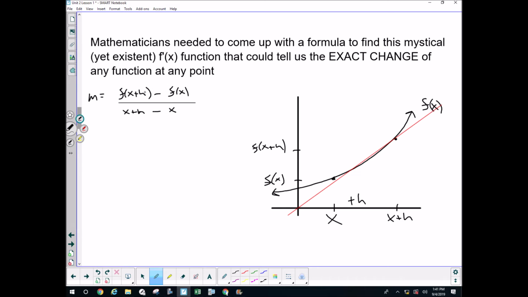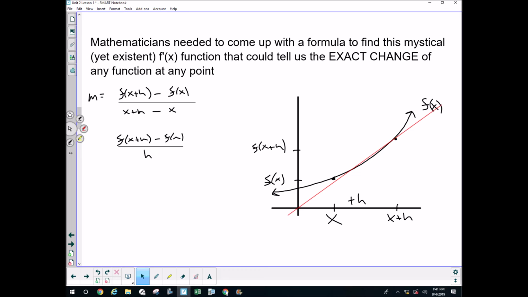Now immediately I notice x's in the bottom can cancel. Okay. Now I have this formula.